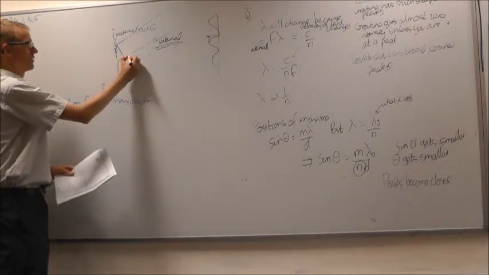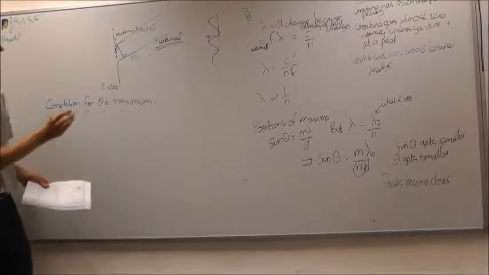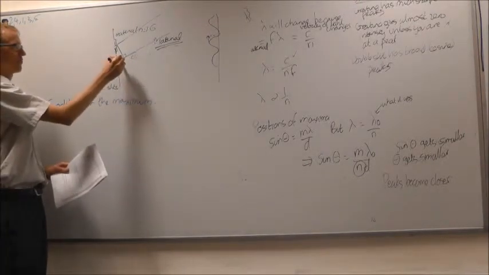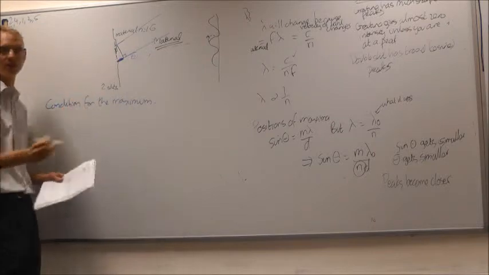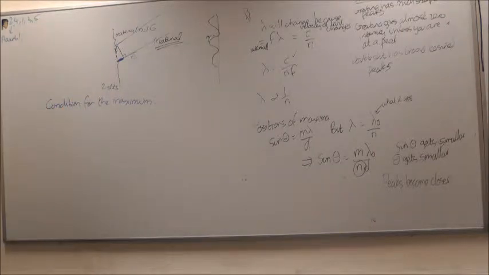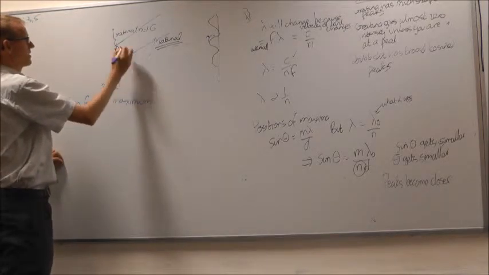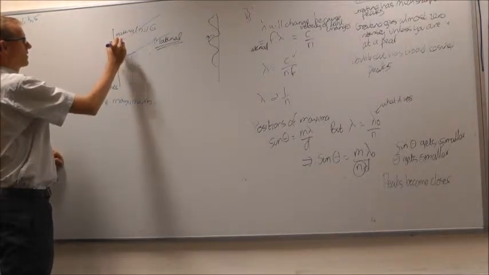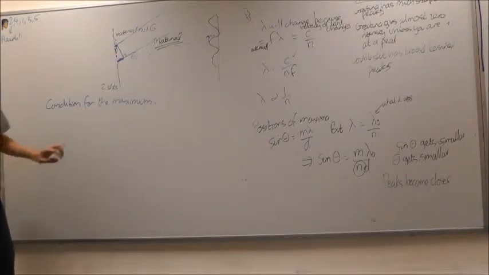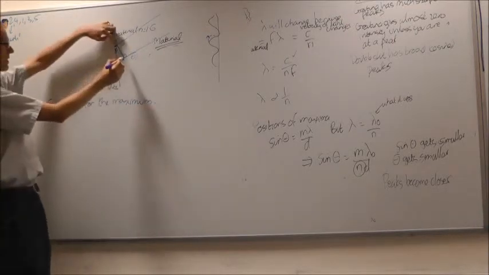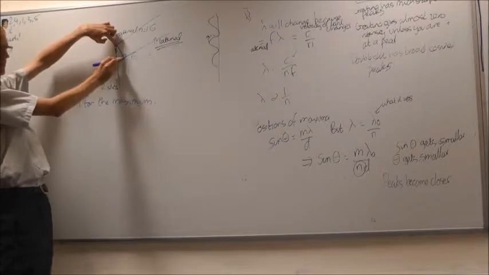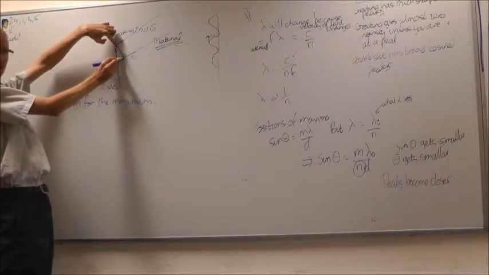So this wave is travelling that little bit further than that wave. So this wave goes that distance, this wave goes a little bit of a distance. Now what we want is when this one comes out of the material and that one there, that they are in phase.